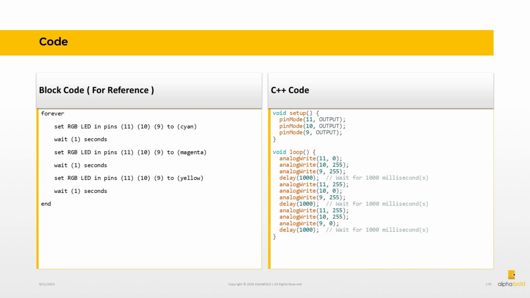Cyan is achieved by setting pin 11, red, to 0 and pins 10, green, and 9, blue, to 255. Magenta is created by setting pin 11 to 255, pin 10 to 0, and pin 9 to 255. Yellow is generated by setting pins 11 and 10 to 255 and pin 9 to 0. A 1-second delay follows each color change, making the transitions visible.